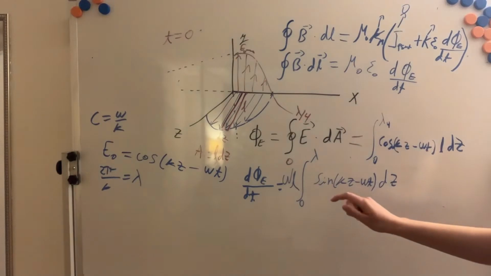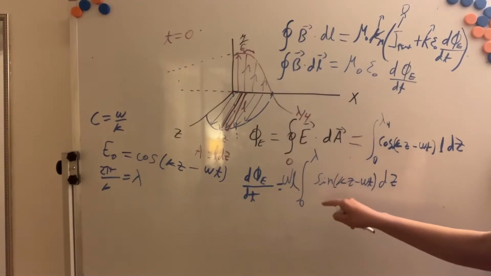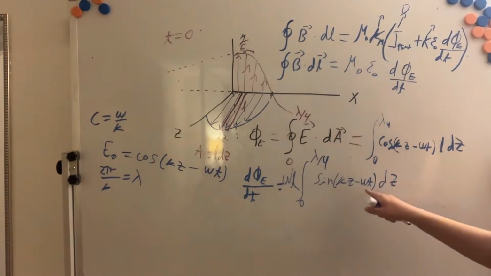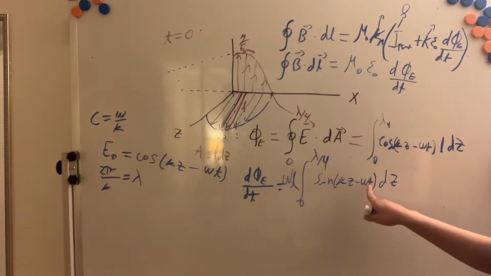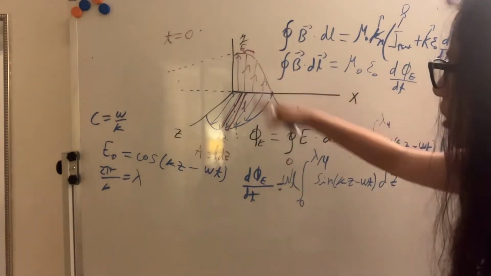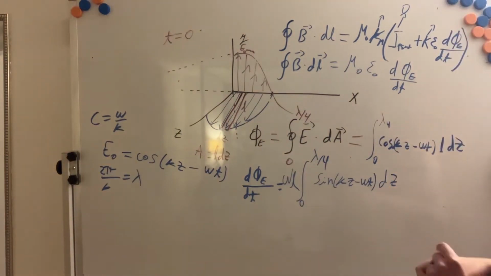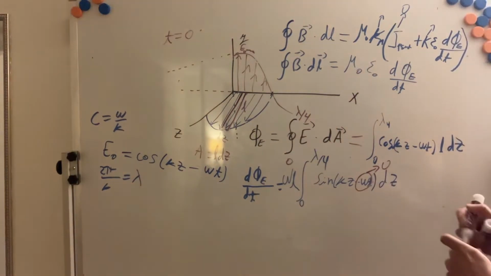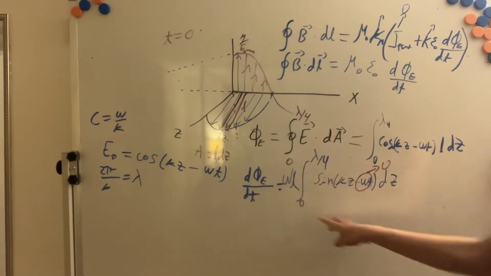So now the integral of this, we know that at time 0 is when this is happening, so all this becomes 0, and we just have to evaluate this part.